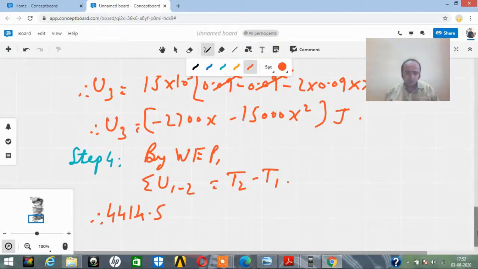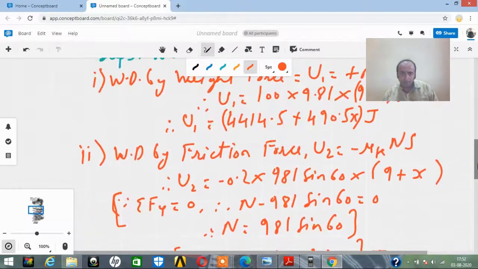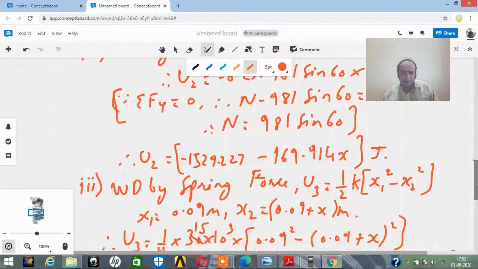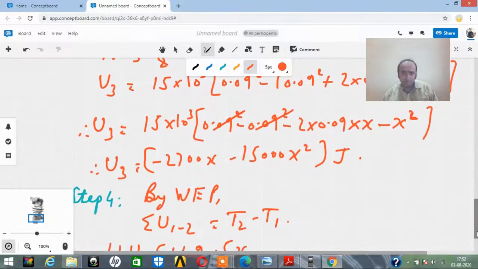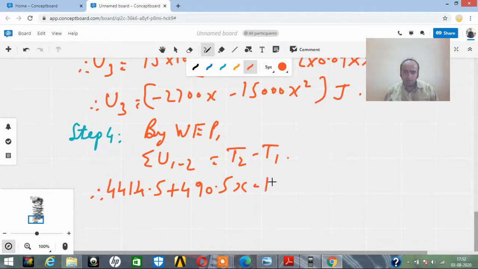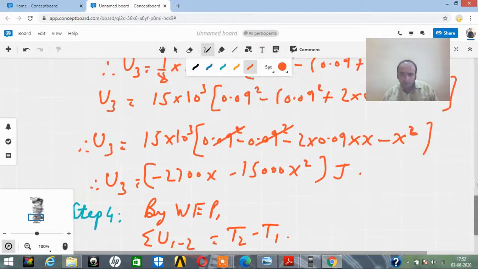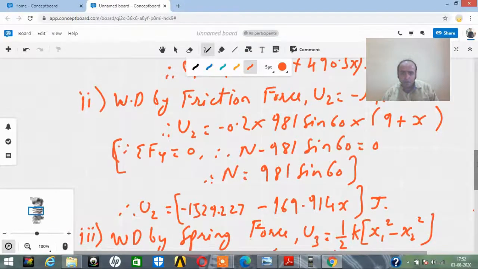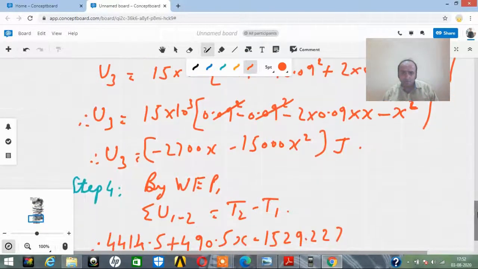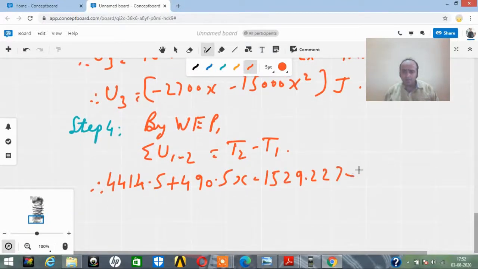Now second, minus 1529.227 minus 169.914x.